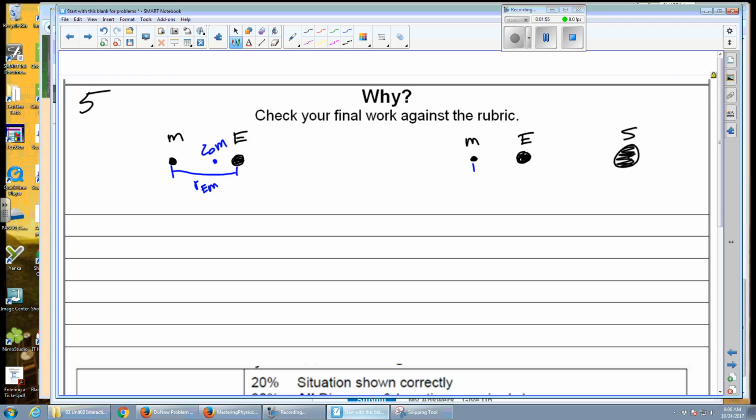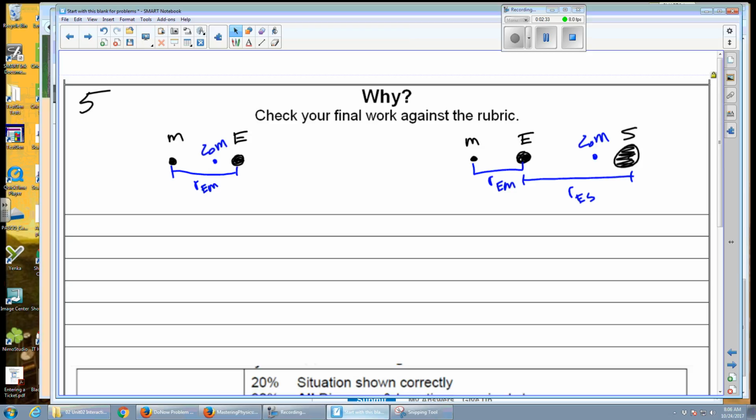And then this be radius Earth to moon, radius Earth to sun. I'm going to guess my center of mass is here. That diagram may be off because I don't know if they're having it in that arrangement or the moon in between the Earth and the sun, or how they're having us arrange that. I know it'll be in a line, so it's either this or the moon in the middle there. We'll have to see.